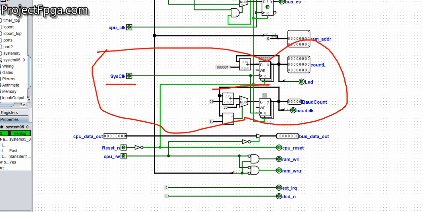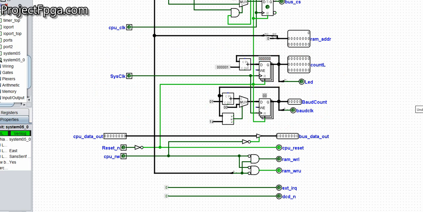So this one generates the TS and the RS clock for the U out. Then this one is for the timer. So the U out and the timer use a separate clock from the system clock.